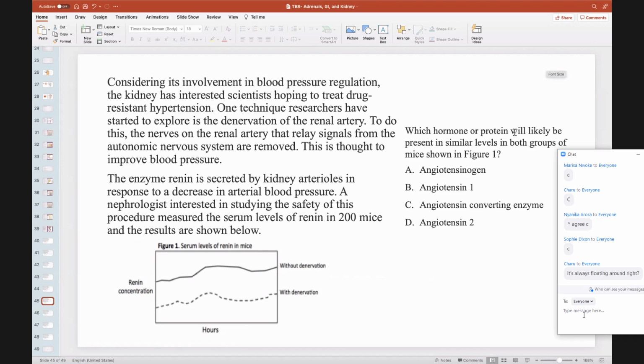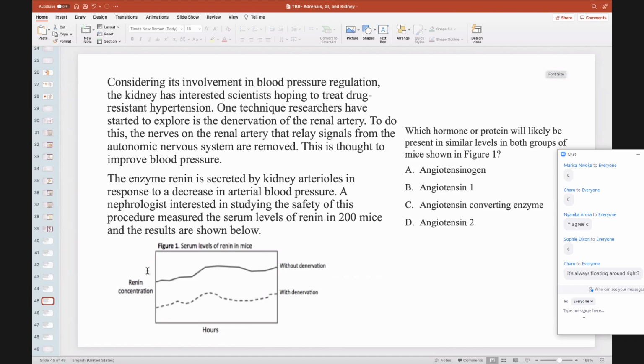But really, the question you can boil it down to is what hormone or protein would be present in similar levels with differing concentrations of renin. What's different between the two groups is the concentration of renin. So you have to think which of these concentrations are independent of renin concentration.